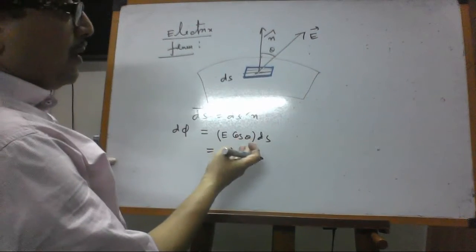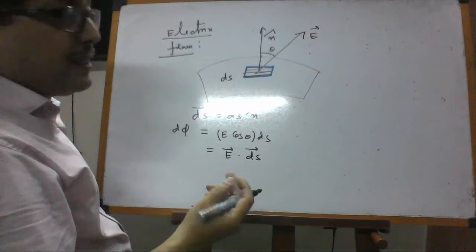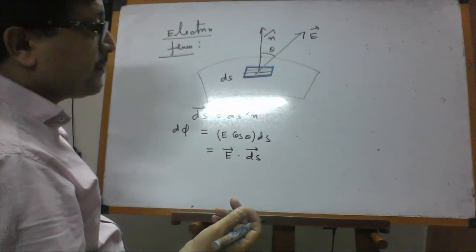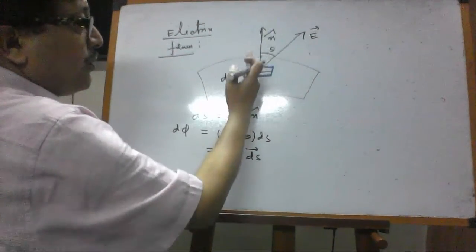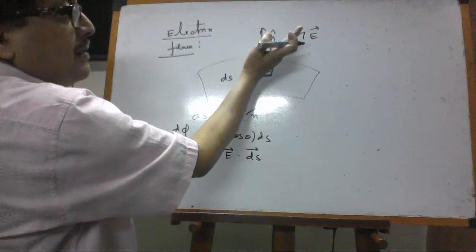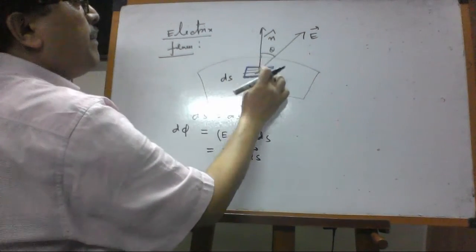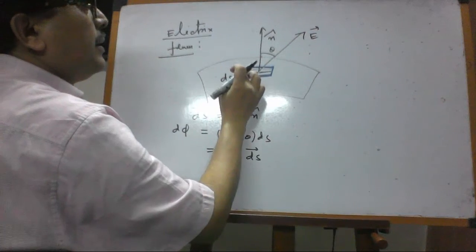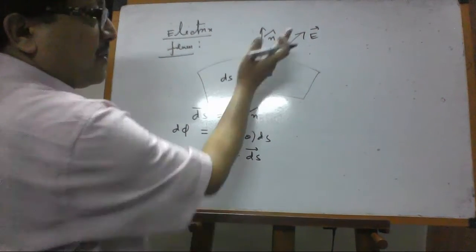So why is it like that? Because by definition it is the number of lines of forces passing through unit area, in the direction normal. If the field is going this way, normal going this way, then electric field vector normal to the area will be this manner. Per unit area, electric lines of forces passing through is given by E cos theta, because it is the component of E in this direction.